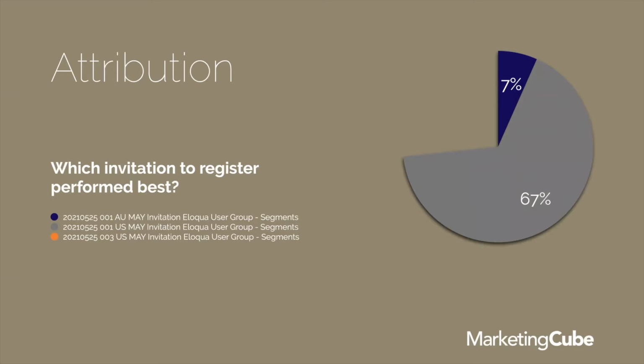Then the final group, the 27%, is the third email. The third email goes to people who opened the first invitation but didn't register for the user group. So it's sort of a last chance style communication.